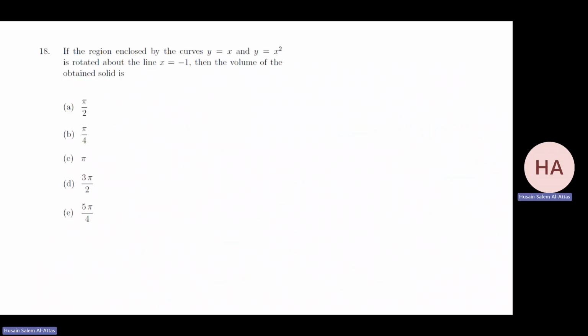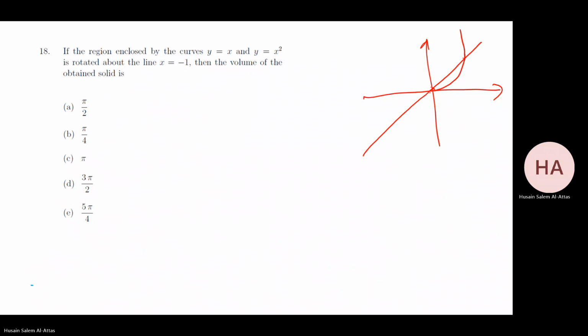If the region enclosed by y equals x squared is rotated about the line x equals minus 1, which is somewhere here. This is my axis of rotation.